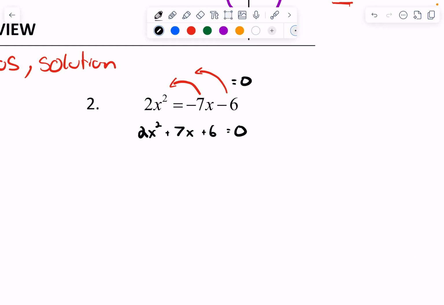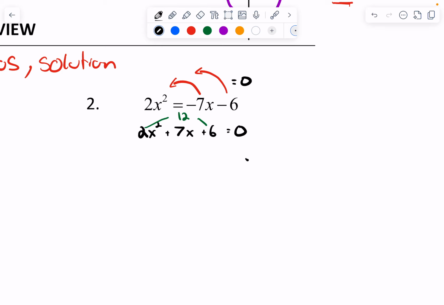So this is not a simple trinomial, and we can't factor out the greatest common factor because 7 is not divisible by 2. So we need to use decomposition. 2 times 6 gives us 12.